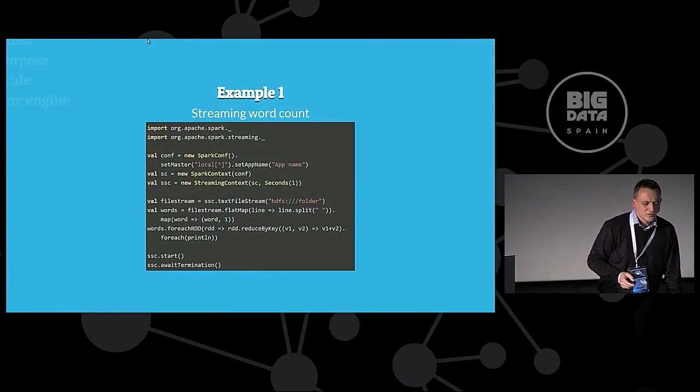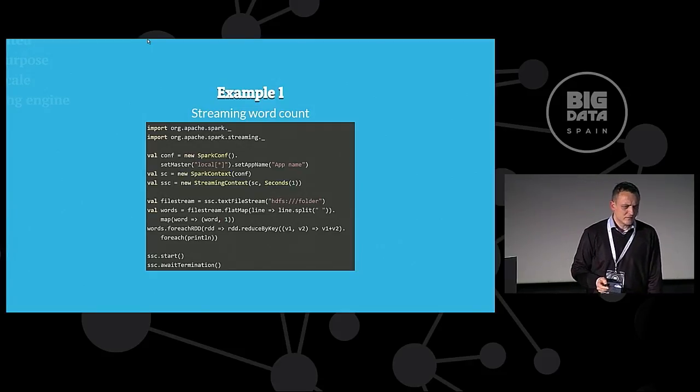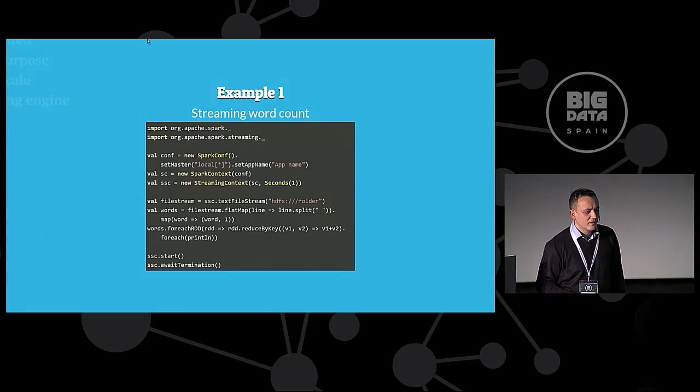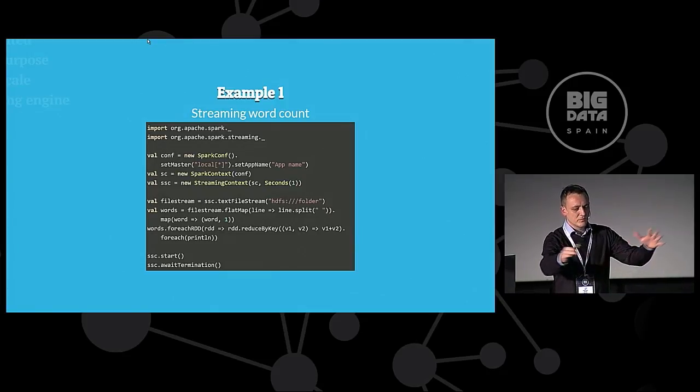So this is a first example of streaming word count. Word count is very often used as an example in these presentations, but it's for a good reason, because it's not a trivial thing to do in a distributed system. We have to combine all the same words distributed across the cluster and count how many times each word appears.